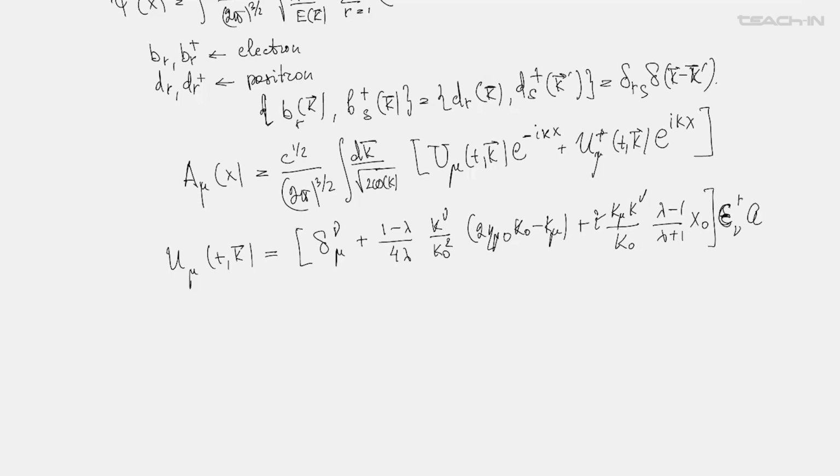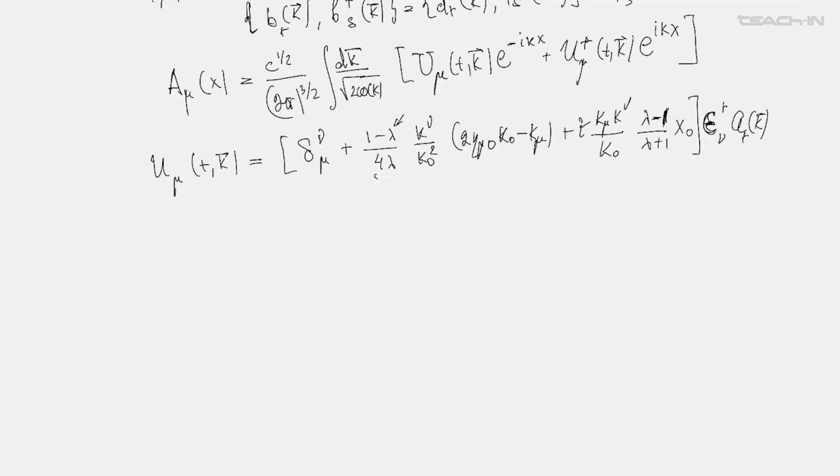An analogous expression holds for u mu dagger, which would then contain the creation operator. I remind you that lambda is the gauge fixing term in the Stueckelberg action. It's the same lambda which stands in the Stueckelberg action. And actually, we know that the terms which contain lambda should decouple from actual physical processes, so they are not that important.